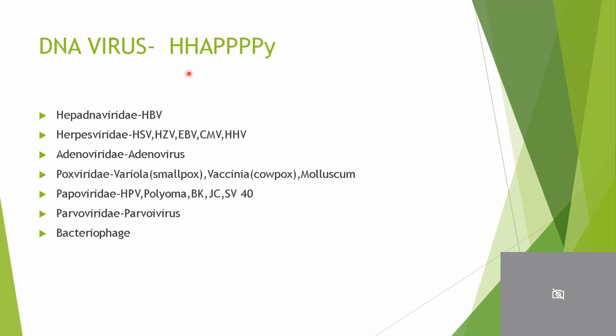The first H stands for hepatitis B virus, then another H for the herpes virus, then adenovirus, then pox. First P stands for the Poxviridae family. Second P stands for the Papovaviridae family, which has the HPV, polyomas, and all the other small viruses. Then another P for Parvoviridae, which has the parvovirus. And lastly, by means of P and Y, we have formed bacteriophage. We're going to read about it later.